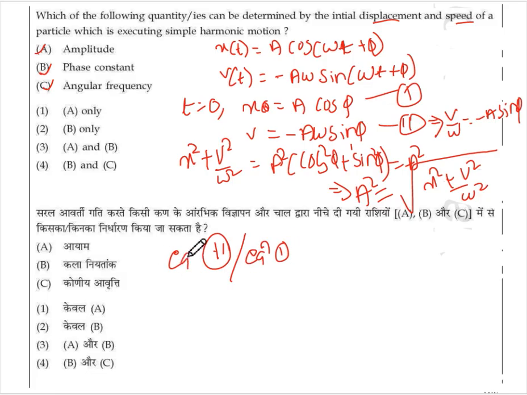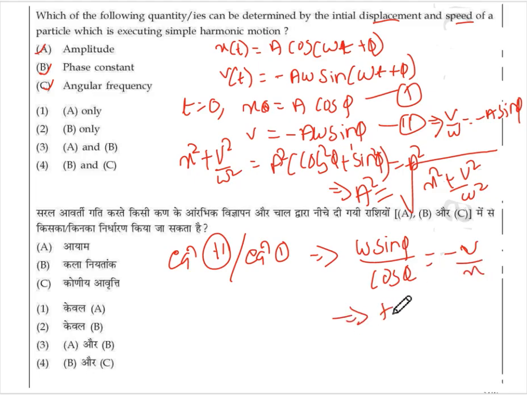Equation 2 divided by equation 1, a gets cancelled out, it will become omega sine phi by cos phi, equal to minus v by x, so tan phi will become minus v by x omega.